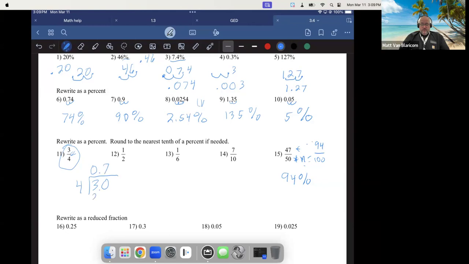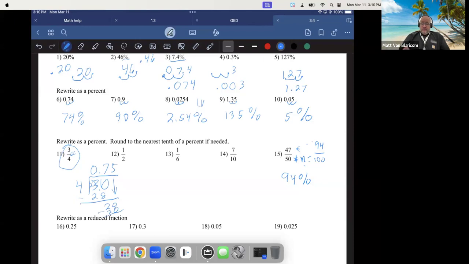Draw the line, change the sign. And when we do, we are now going to have 3 to a 2, 10. 10 minus 8 is 2. Bring down the 0. 4 will go into 25 times. 5 times 4 is 20. Draw the line, change the sign, remainder 0.